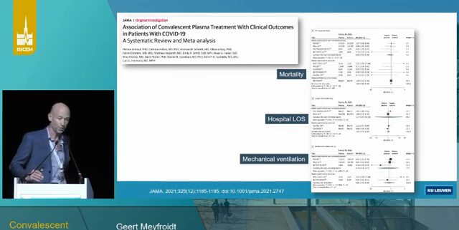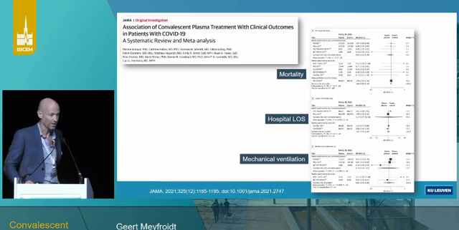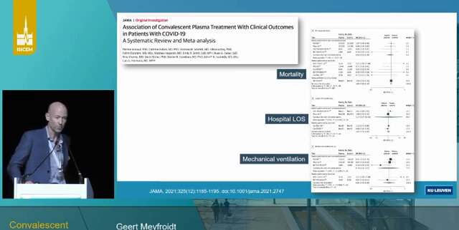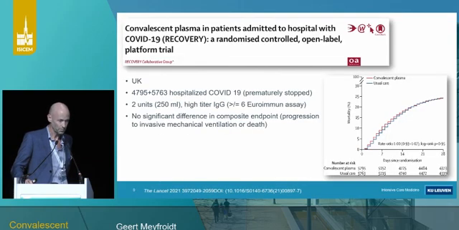Some early meta-analyses have been done with some of these trials, like this one by the group of John Ioannidis, who participated, but mainly Lars Hemken's group. There was no effect of the trials published until then on mortality, on hospital length of stay, or on patients on mechanical ventilation.